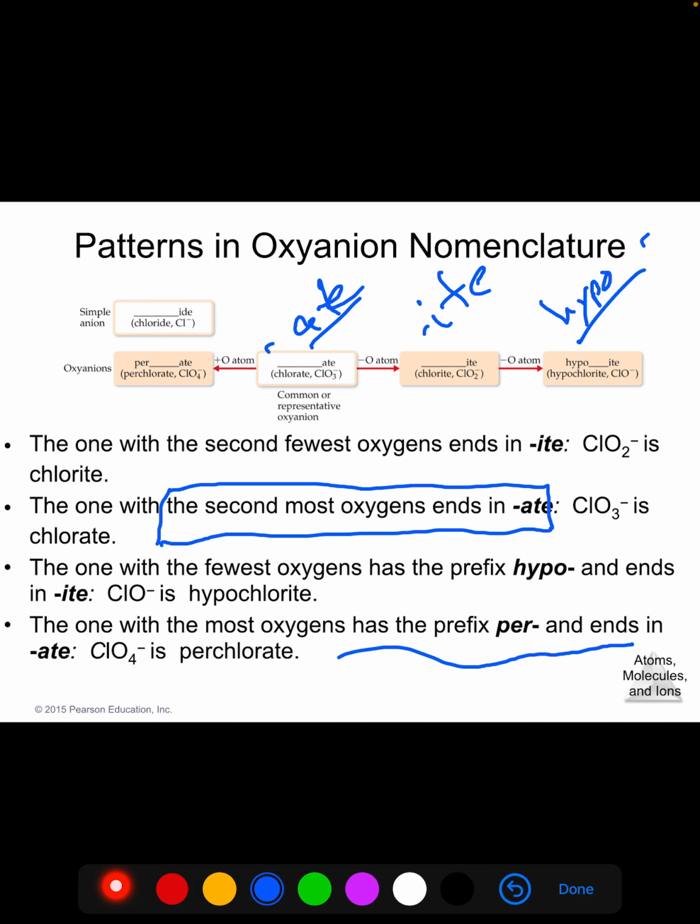And then, sure enough, they discovered a form with more in it, and that's the per with the ate on the end, perchlorate. Okay? This one would be ite at the end with the chlor in the middle.